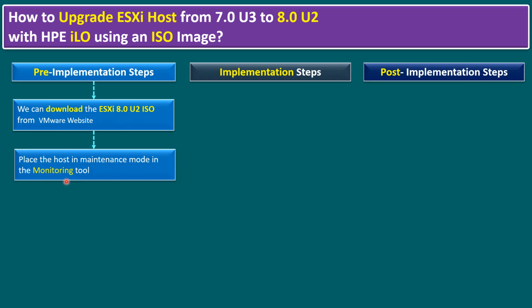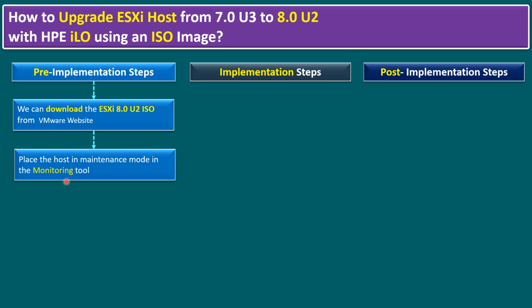In our lab, we do not have any monitoring tool, but organizations may generally use SolarWinds NPM, network performance monitoring, or any other third party tools like NimSoft or Nagios. Within that tool also, we have to place the host into maintenance mode, or else during the host restart we may get host down alerts.